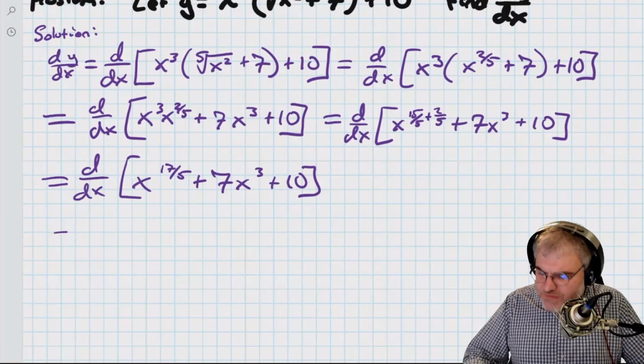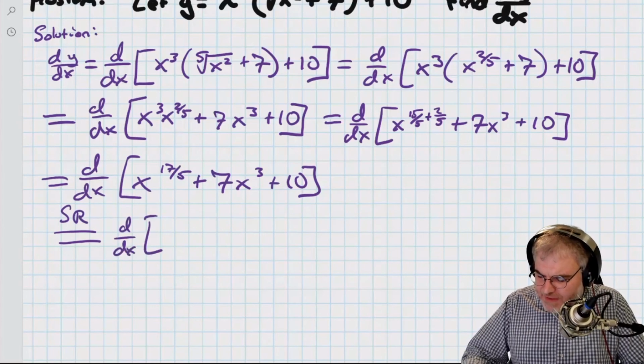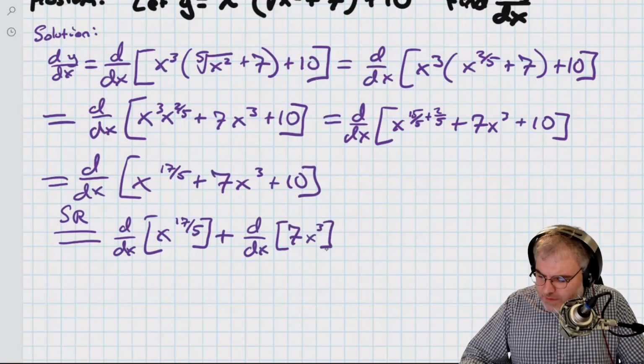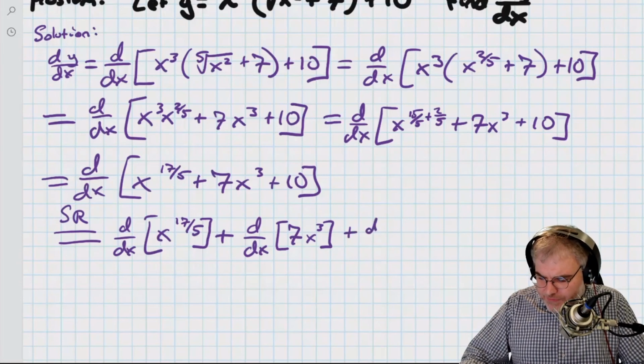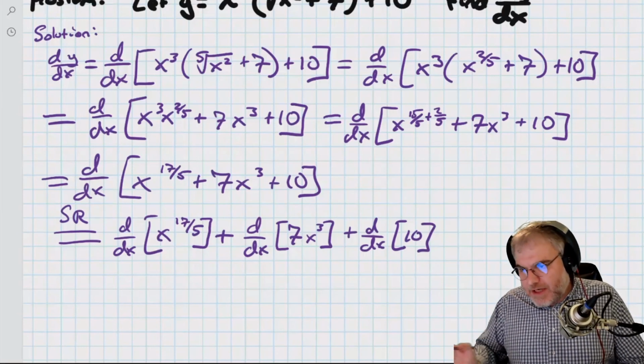Now, I could do the sum rule, okay? So this I would actually skip. I would skip this step because everything in here is a sum, but I'll write it out for the moment. I'm also going to do the constant multiple rule, but I'm not going to write it out.